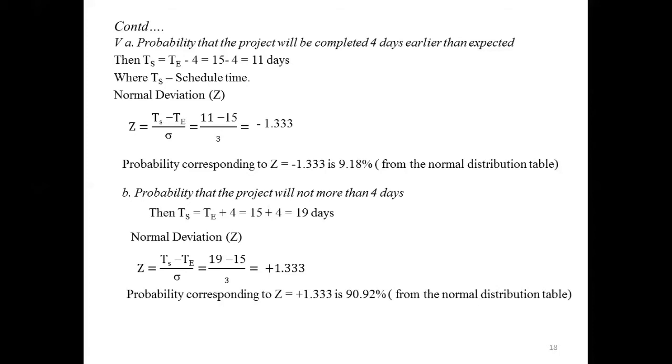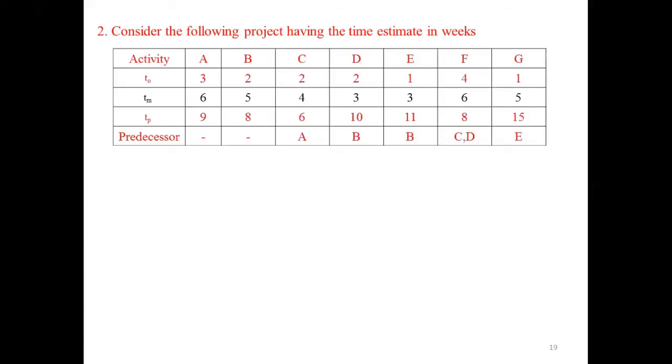Let us solve one more problem with respect to PERT, the Program Evaluation and Review Technique. Consider the following project having the time estimate in weeks, and they've given the 7 activities from A to G, and they've given TO, TM, TP, and predecessors.